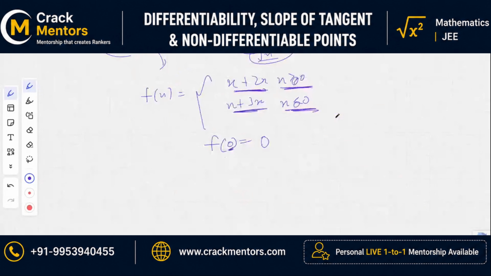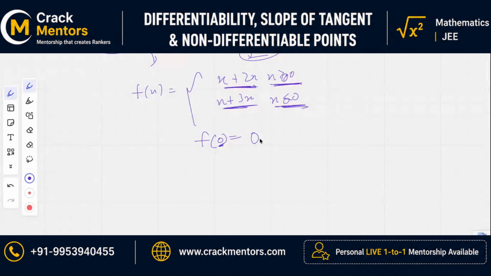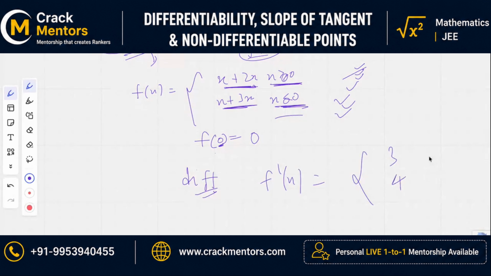Let's see, is this function a continuous function? Yes, it is. Good. Now let's check for differentiability. Now you can use a shorter method because of the logic I told you. So f dash x is 3 and 4, and when we are checking for differentiability, we don't talk about points, we talk about pure intervals only. Do you think these are differentiable? Is this equal to this? No, that means it is non-differentiable.